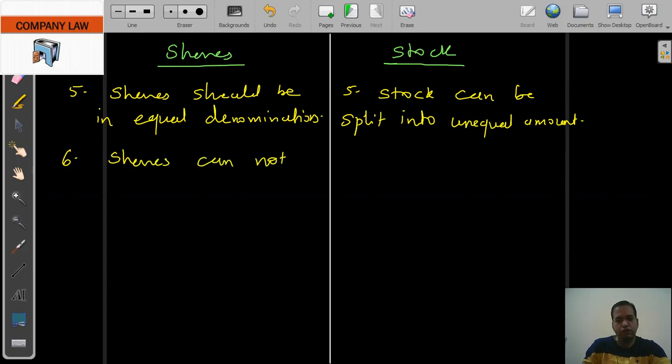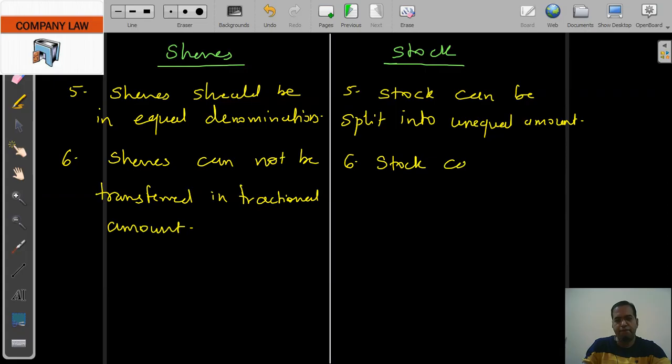Shares cannot be transferred in fractional amount.